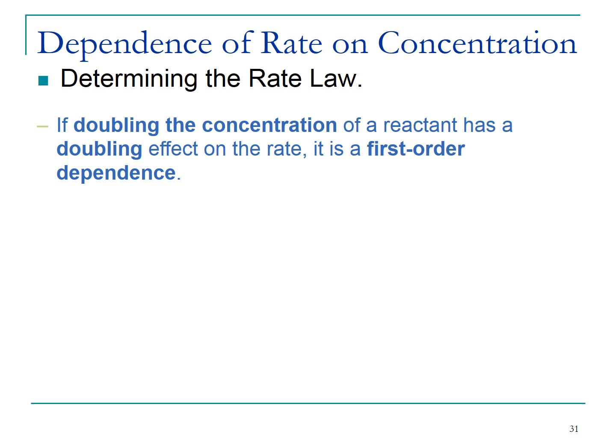That would be called first order dependence, and it doesn't always have to be doubled. If you triple the concentration and the rate triples, that would also be first order. Whatever you do to one thing, it mimics that on the rate.